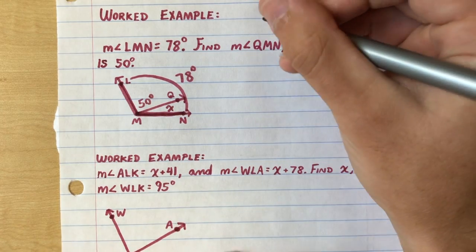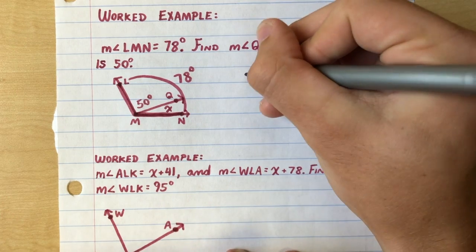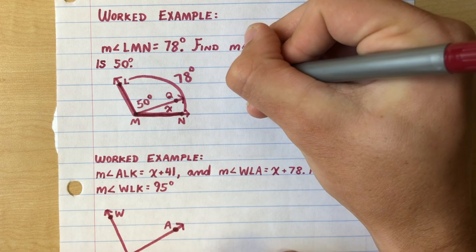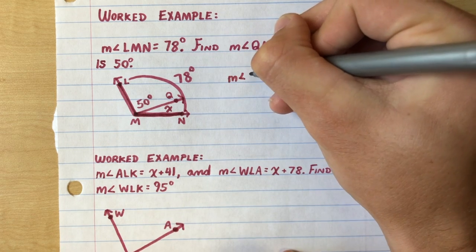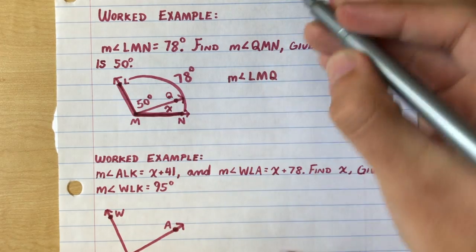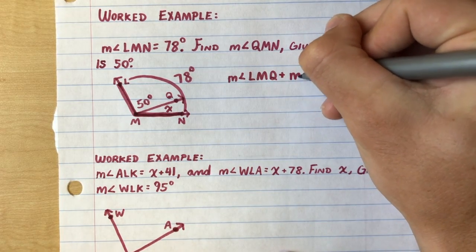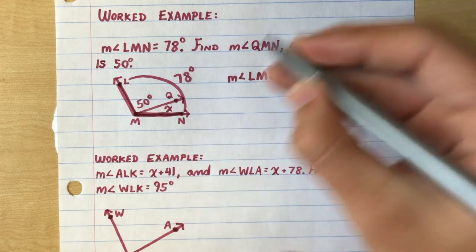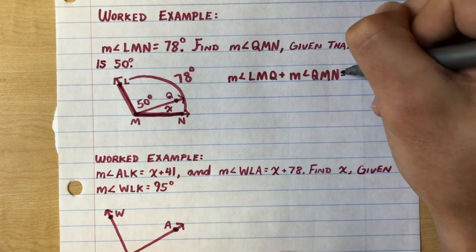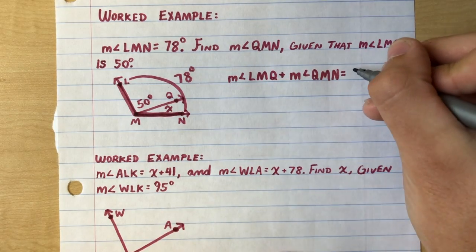So if we know that this whole thing is 78 degrees, and these are its parts, well, that means that the measure of angle LMQ, this smaller part, plus the measure of angle QMN, we know that whole thing there has to be 78 degrees.